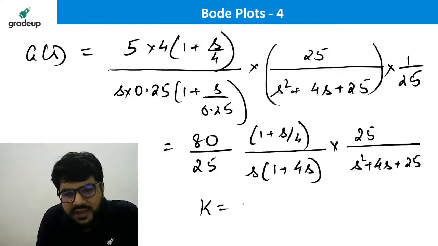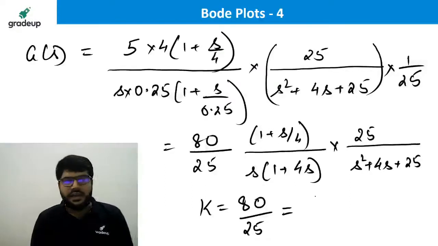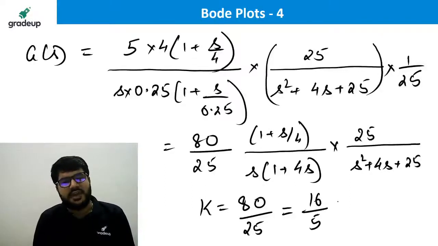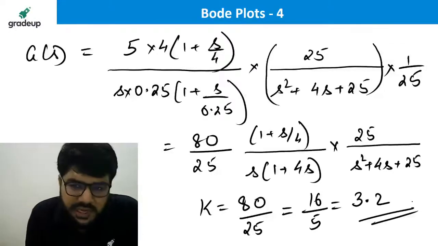So what is the value of K after everything has been expressed in this standard form? 80 by 25, right? So that is precisely 16 by 5, if I cancel by 5, and 3.2. So the K value is 3.2.